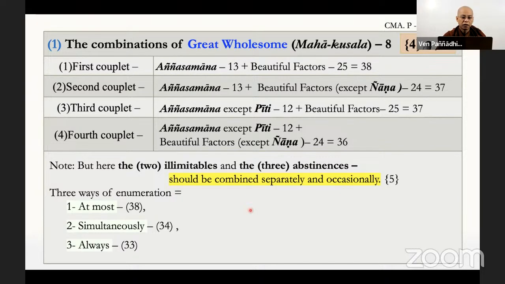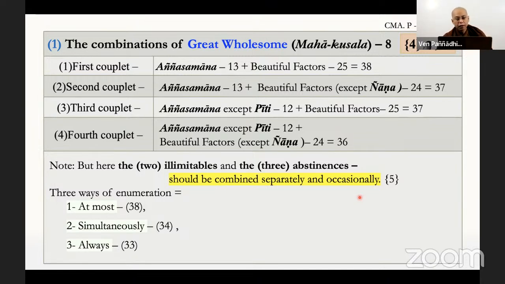So if we fully enumerate, 38 for the first couplet, 37 for the second and third, and 36, this is the most. But if we count for the first one simultaneously, how many can be simultaneously possible? 34, because 1 out of 5 can associate, not all 5 together with the first one.